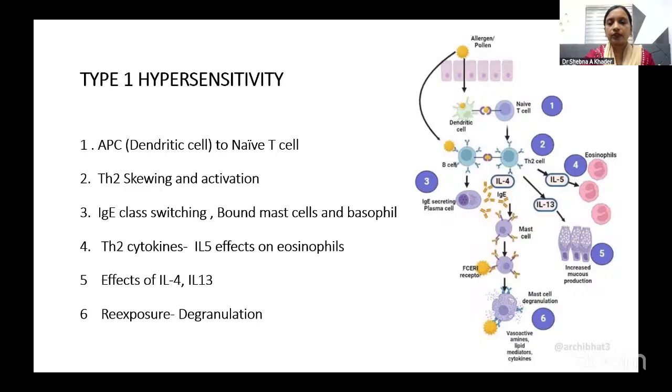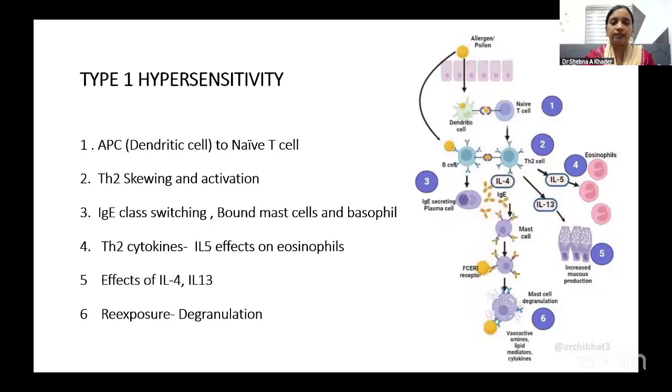The Th2 cytokines that are released will be primarily IL-4, IL-5, and IL-13. And out of that, IL-5 is the one that is activating the eosinophils, resulting in the immune response. And the fifth one shows the effects of IL-4 and IL-13, resulting in bronchial hyperresponsiveness, increased mucus production, and so on.